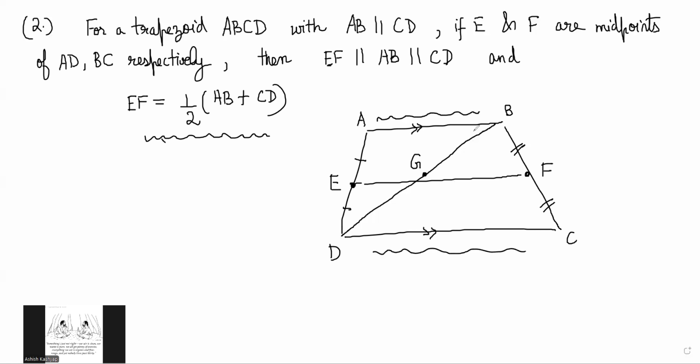Since we already know parallel, we can say interior alternate angles are equal and all. So similarity will be easy to do. So you should try by making a diagonal and applying midpoint theorem on triangle BDC.